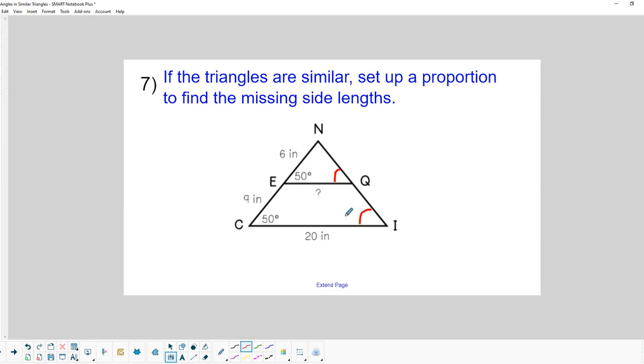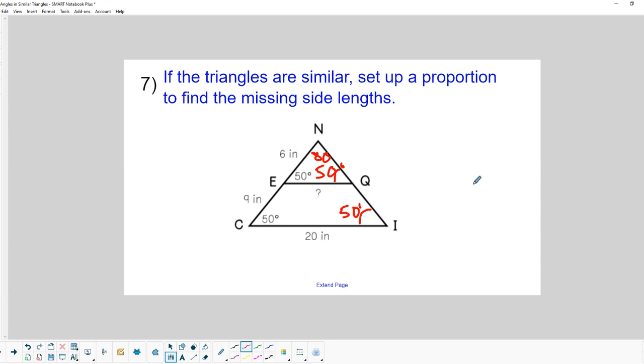And if that's the case, then this has to be 50 degrees, and this has got to be 50 degrees, which means that this angle on top and on top here is going to be 80 degrees. And it's the same for the small triangle and the big triangle up here, okay?